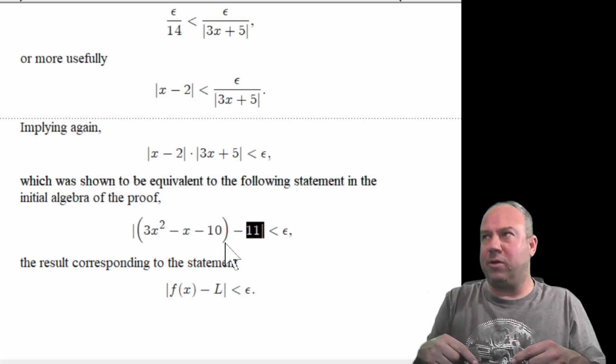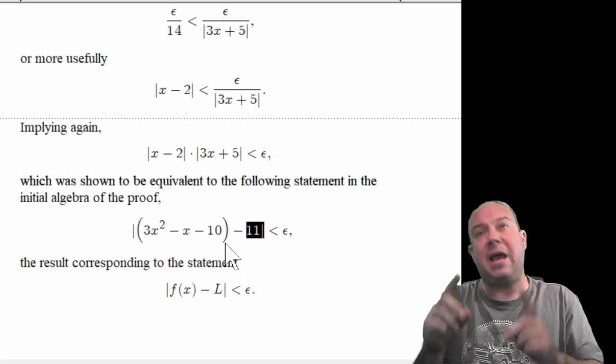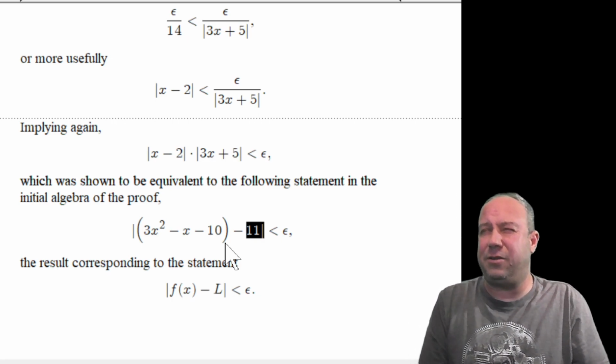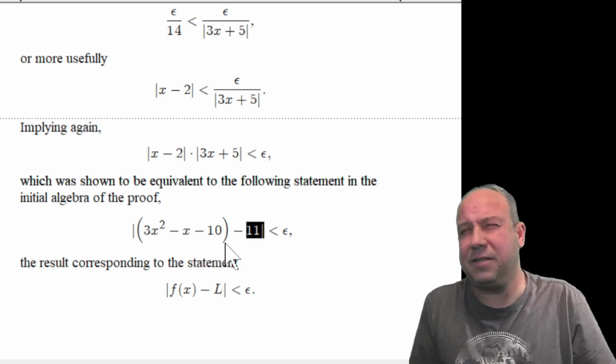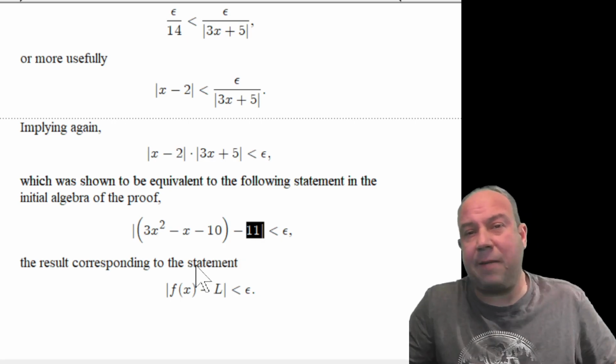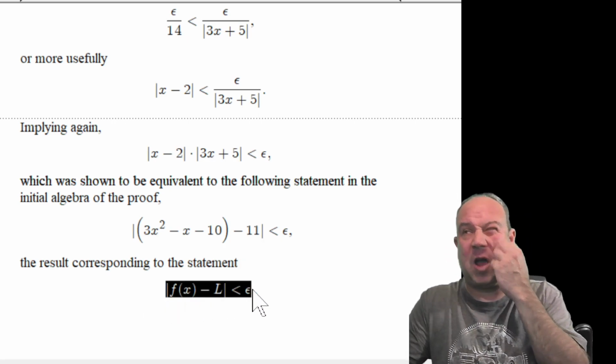There exists a corresponding value of delta that we just described, such that the absolute value of x minus 2, the value of x minus a, being less than that choice for delta, will always produce the absolute value of f of x and L's difference being less than our given value for epsilon.